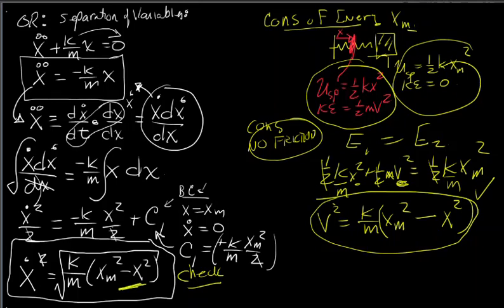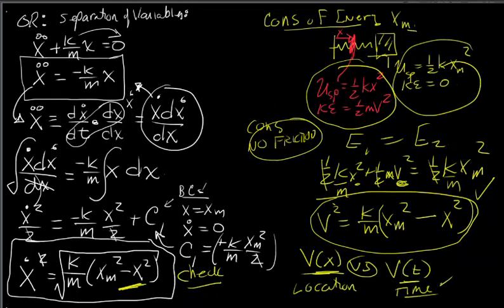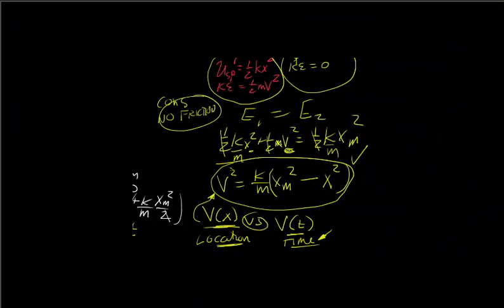It's interesting to note here that this is v as a function of x, versus before we had v as a function of time. The two different ways that we could look at this spring system. We could look at it as location-based, or we could look at it as a time-based function. It oscillates sinusoidally in time, and it follows this behavior in terms of its location in space.